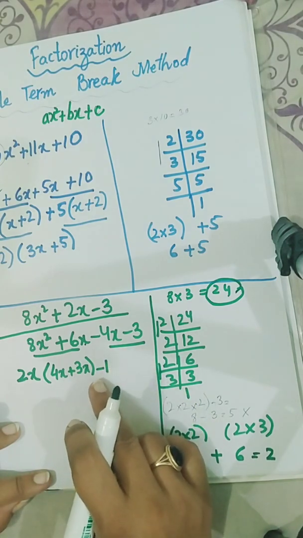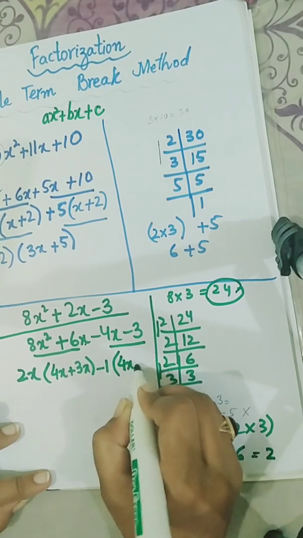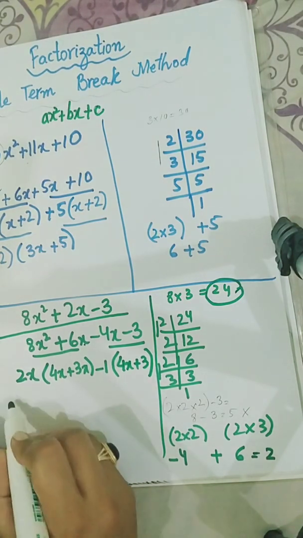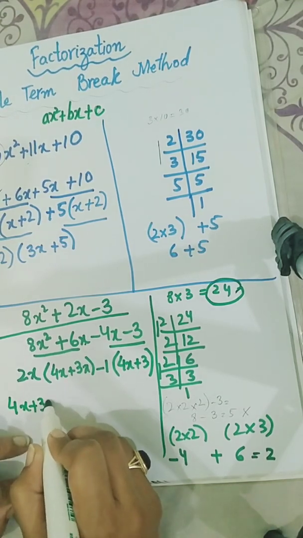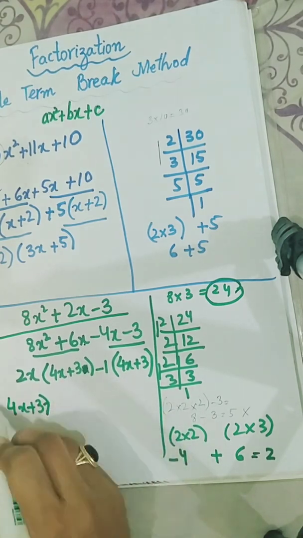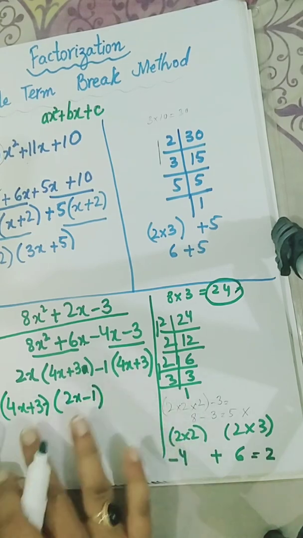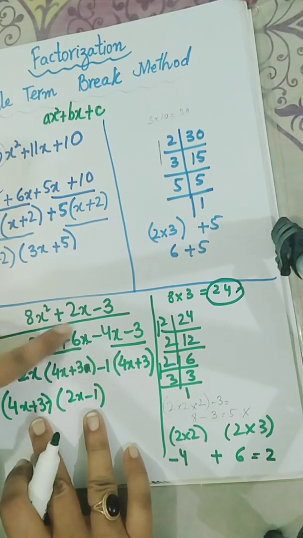So if I take minus 1 as a common factor, 4x plus 3 is left behind inside the bracket. Alright, then 4x plus 3 and 2x minus 1 are the two factors of the given expression, this trinomial.